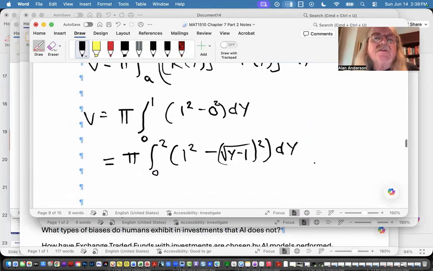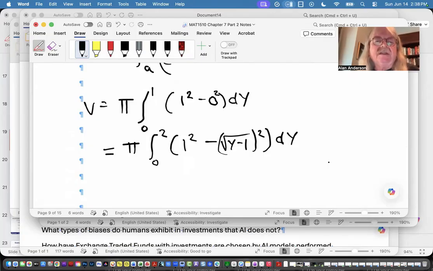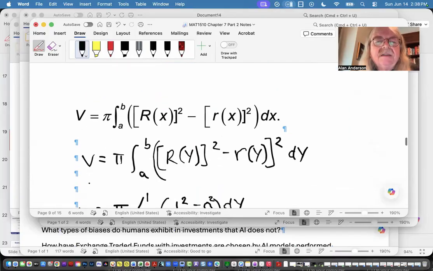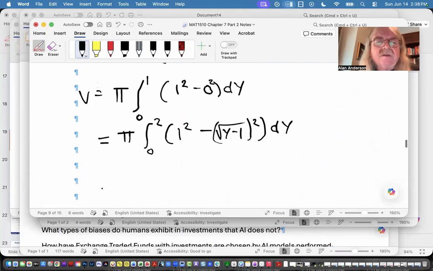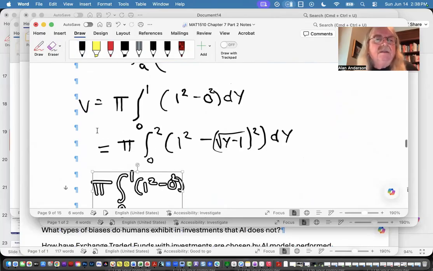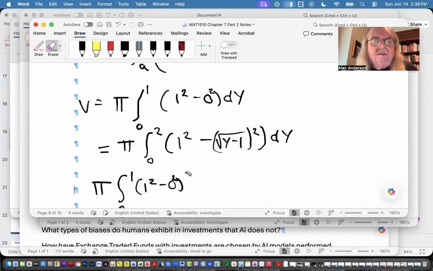All right. Now, the first expression will be very simple because you can see it's going to be a constant. So let's deal with these one at a time. We'll start with the first one. 1 squared minus 0 squared dy.